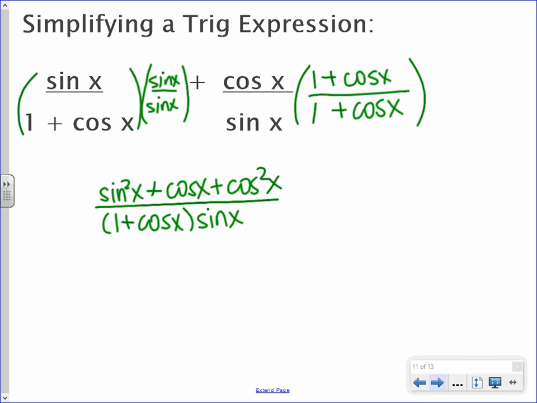Pod 1 sees that sine squared x plus cosine squared x is 1. Anyone else see that? Okay, we can take this guy and add it to this guy, and it's 1.